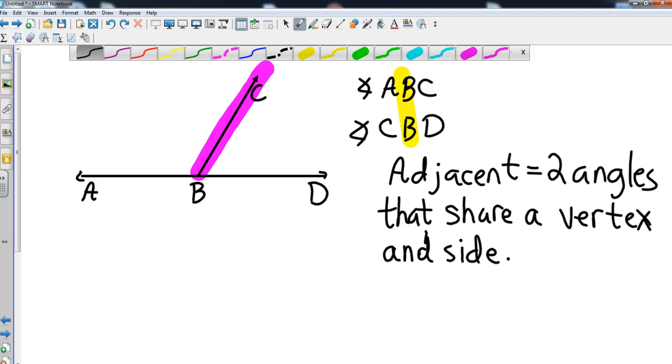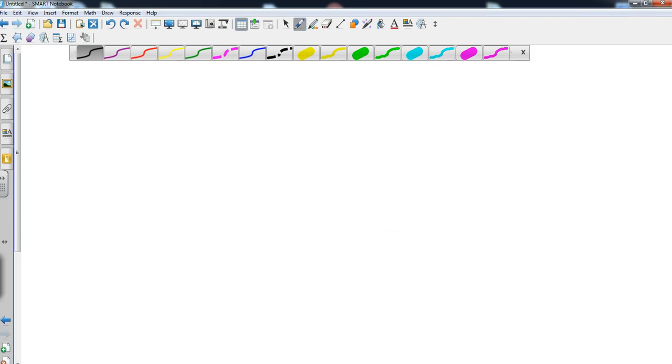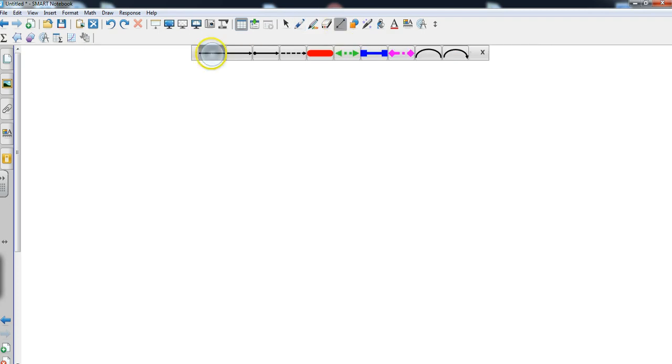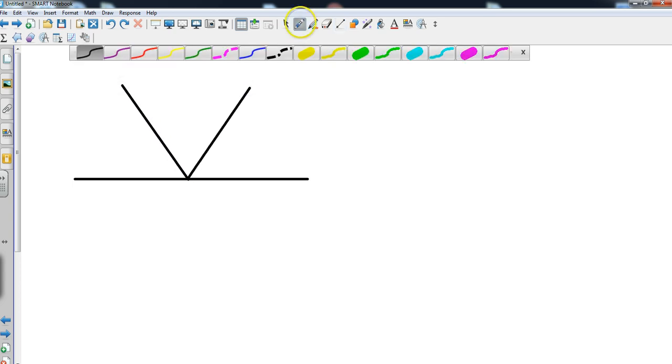So if you have adjacent angles, you also have non-adjacent angles. And so those would look something like this.